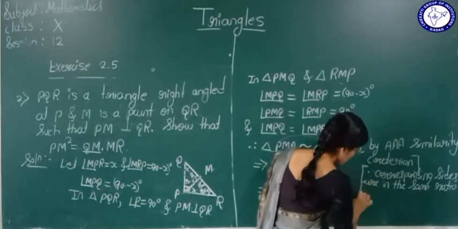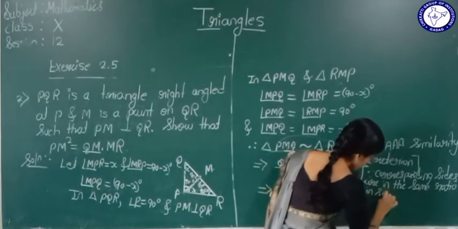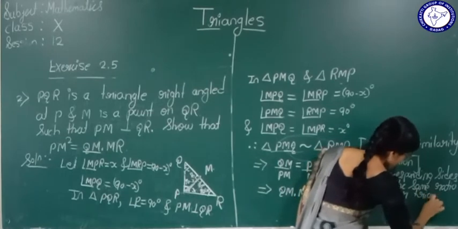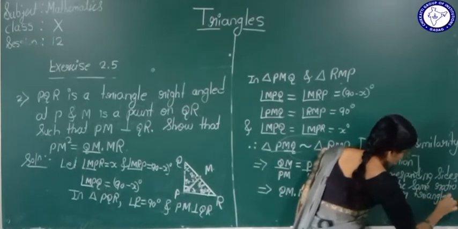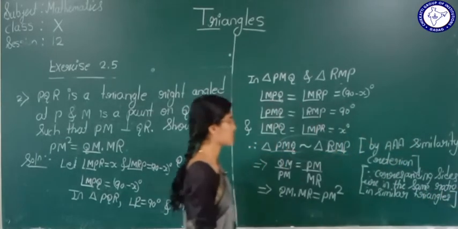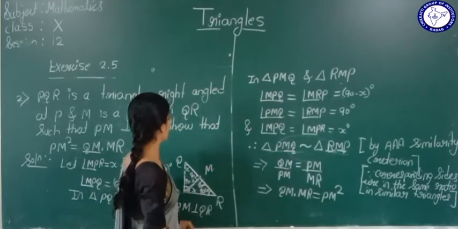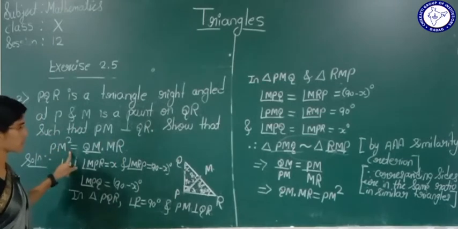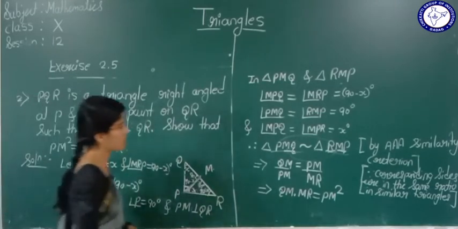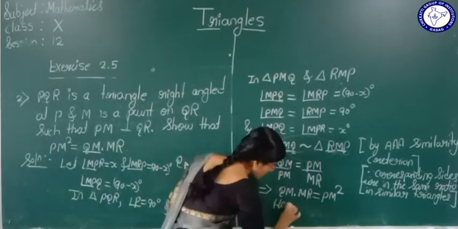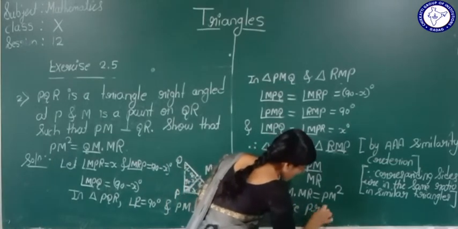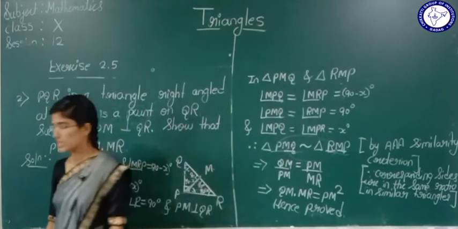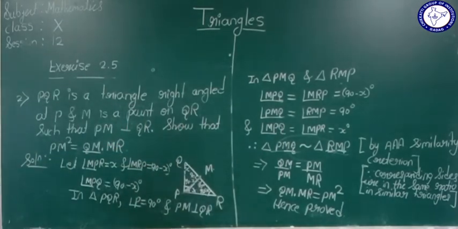We wanted to prove this only: PM square is equal to QM into MR. Hence proved. This is about the second problem.